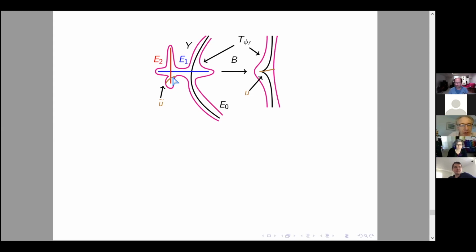May I ask a question? Yeah. So this pink stuff on this picture, do I understand correctly that they're just contactomorphic? Yes, it is the same object. And your resolution of singularities was needed for defining the second filtration?